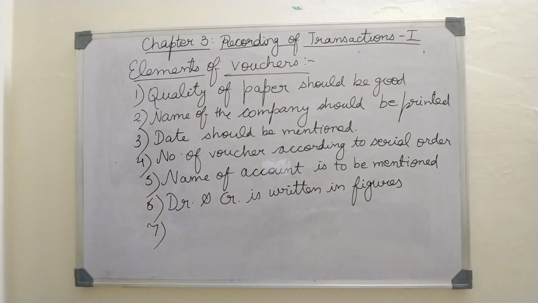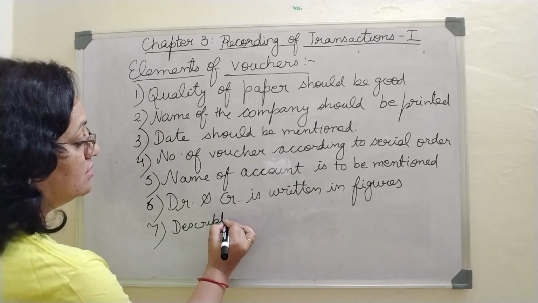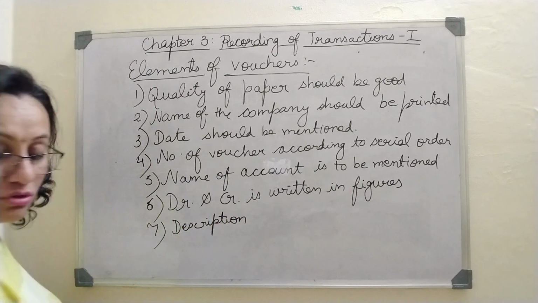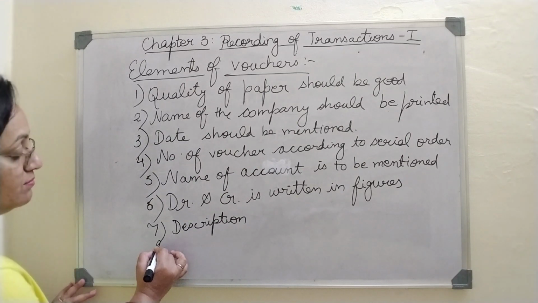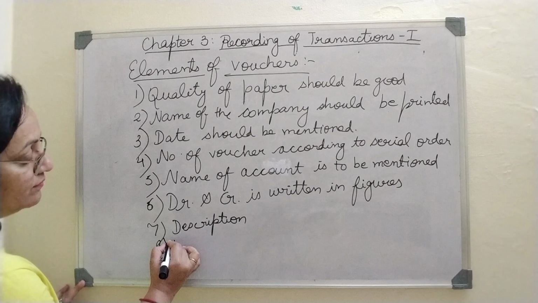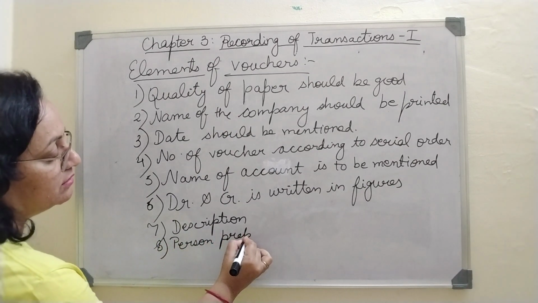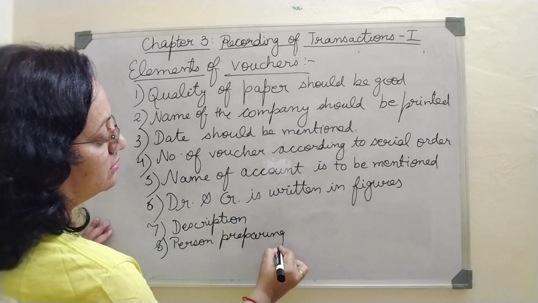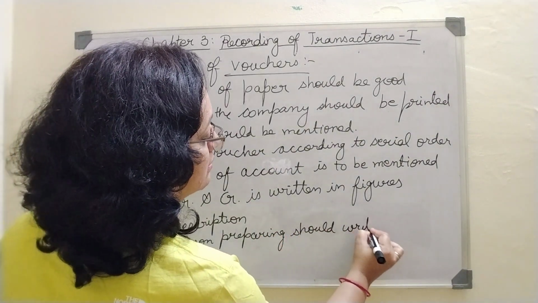The next point is that the description of the transaction is to be given. We have to mention what kind of transaction is taking place. The person who prepares the voucher, suppose I am preparing, should write the name and sign.